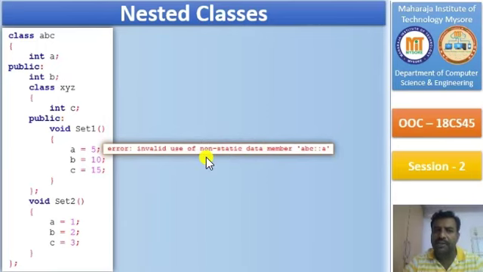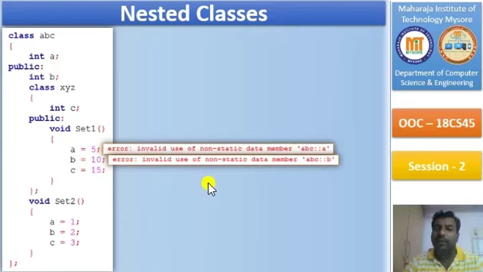Hence you cannot access a private data member, A, inside the member of a nested class. Similarly for B, even though B is a public data member, this is not allowed. You are not supposed to access the data member of the enclosing class, either public or private, inside a nested class.